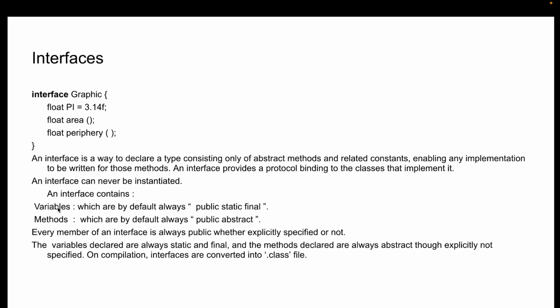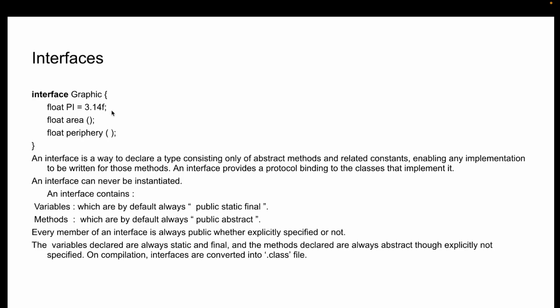So there are two rules: variables and methods. Whenever we have some variables in the interface, they will be by default public, static and final. See this example, we have this interface Graphic. There's a variable float pi whose value is 3.14f.